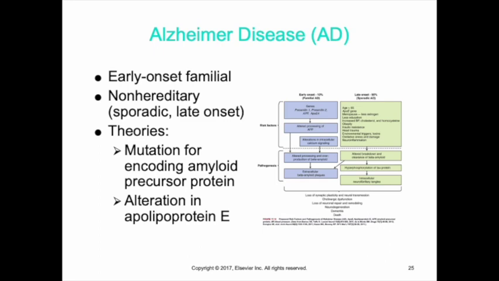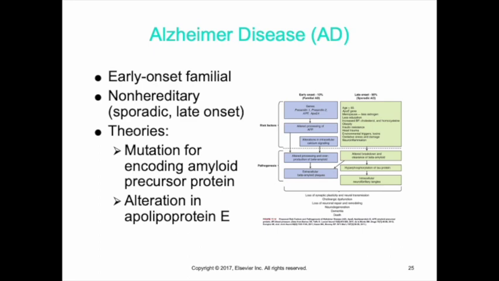Now, amyloid also will be deposited in the smooth muscle of cerebral arteries, and this can cause amyloid angiopathy and disturbance of the blood flow in this area. The tau protein, which is a microtubule type binding protein, in neurons detaches and forms an insoluble filament, and this is what a neurofibrillary tangle is.